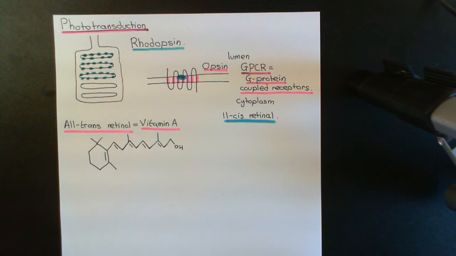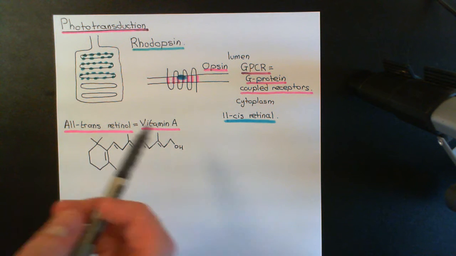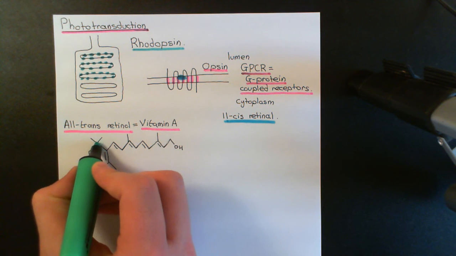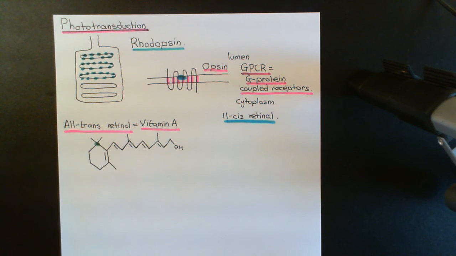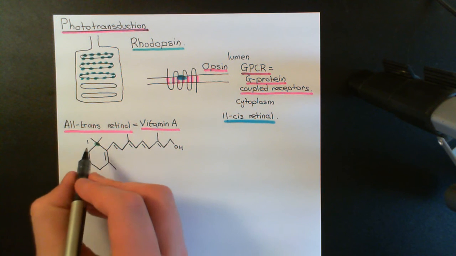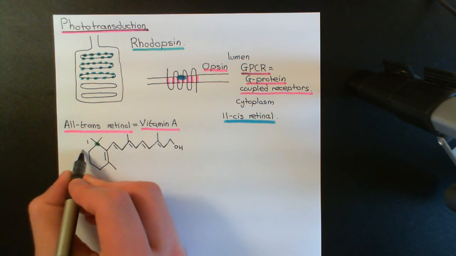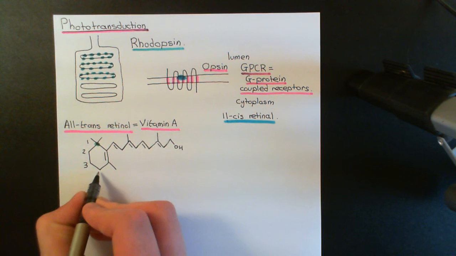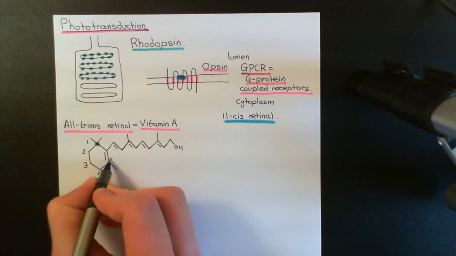To help you understand this molecule in a little bit more detail, let's discuss the numbering of the carbons here. The way that we number the carbons is we start off with this one up here, of this 6-membered carbon ring, and we call that carbon number 1. Then we just go round, so we call this one number 2, this one number 3, this one number 4, this one number 5.